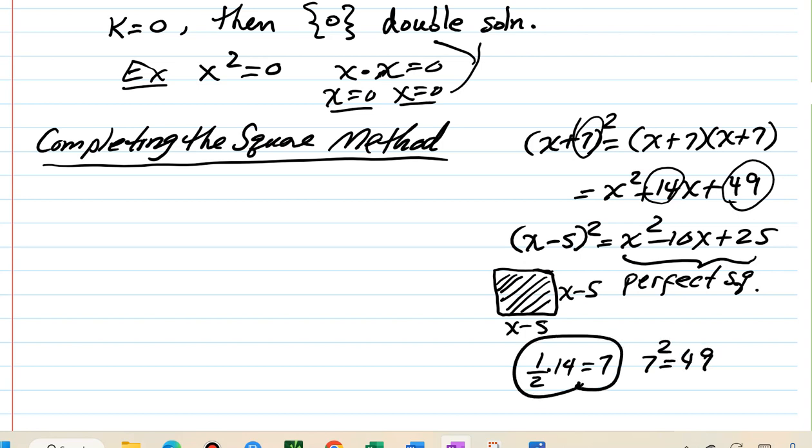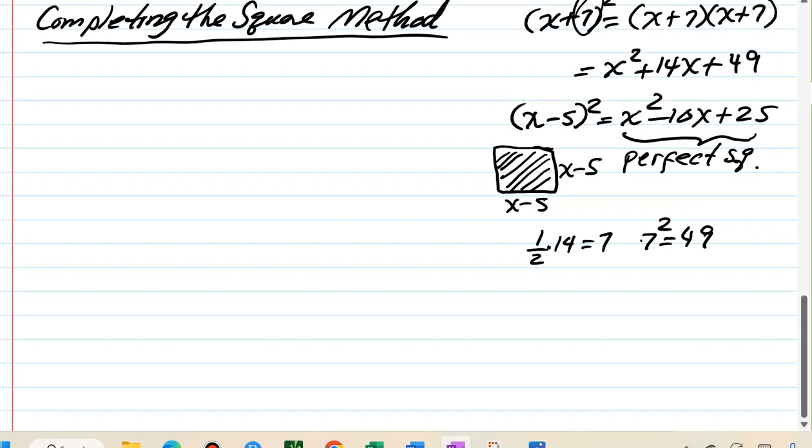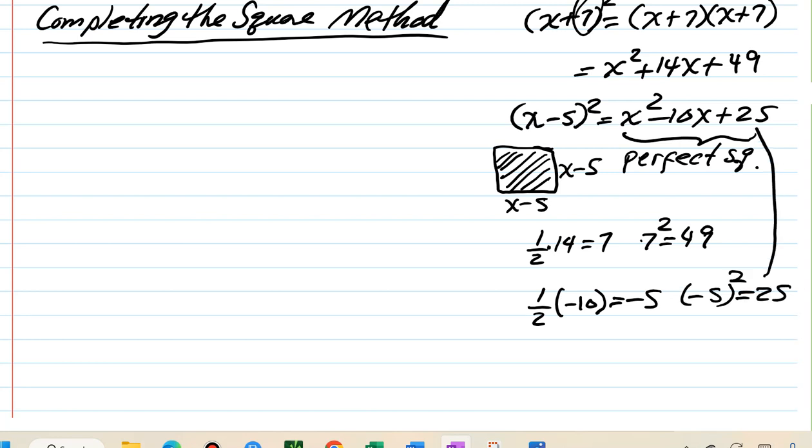So half of 14, and then we square to get 49, the constant. All right, that's just an interesting observation. Cool. Let's take a look at the next perfect square. Let's try this one. Now, half of negative 10 is negative 5. And when we square negative 5, we get 25. That would be the constant here.